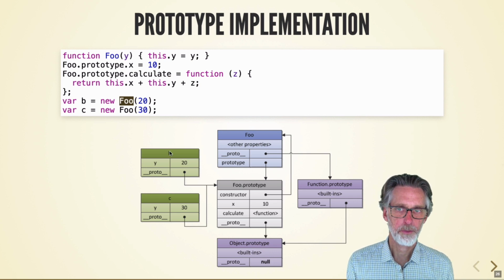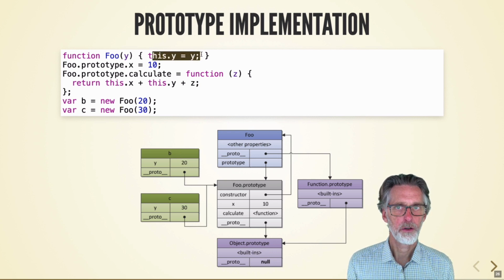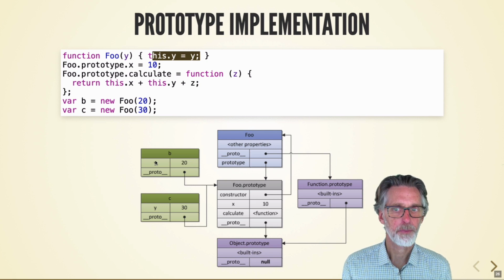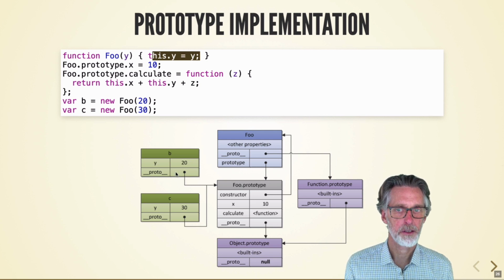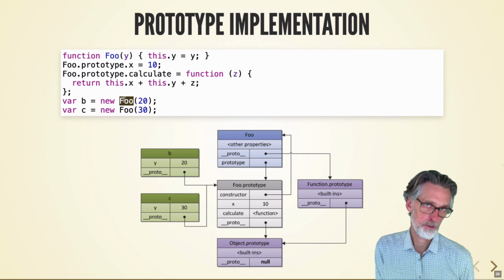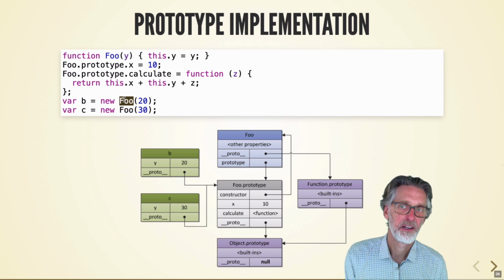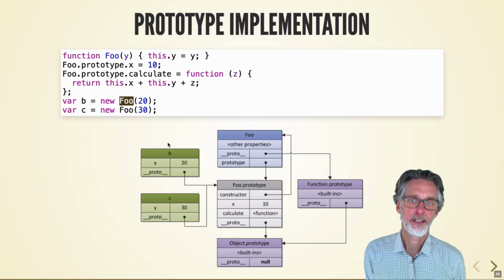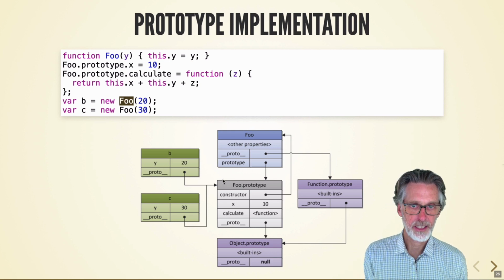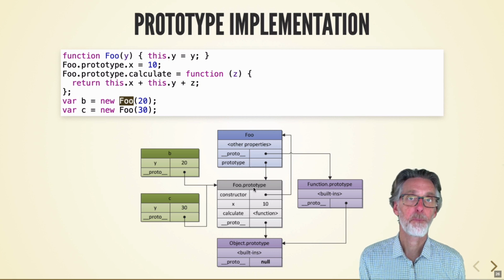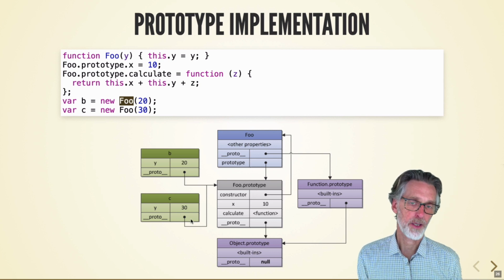I get two objects here, B and C. Each of these objects has its own Y field, but nothing else except the prototype, which is set to the prototype of the function that was used when I constructed this thing. And so we get the proto object of B to be the foo prototype, and likewise for C.